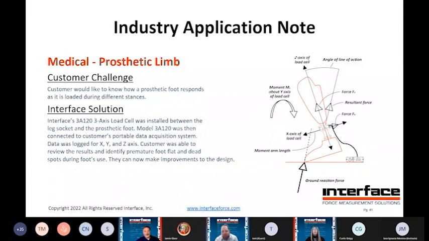But prosthetic limb here is an example of utilizing a 3-axis sensor to be able to get not only the axial load, but any off-axis fore or aft shifting. This can be done not only just for R&D, but we're seeing it being directly embedded as well, especially with some of the smart prosthetics that interact electrically with the wearer. So this is one example here. Next.